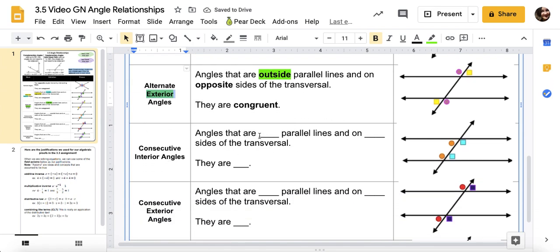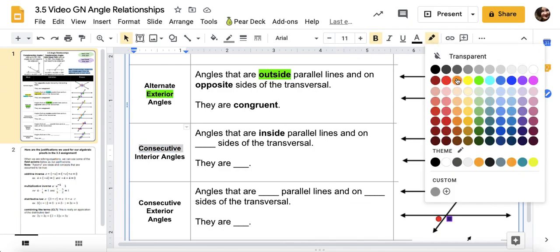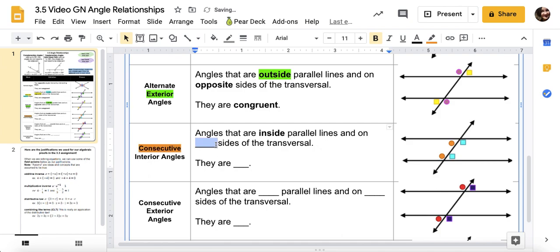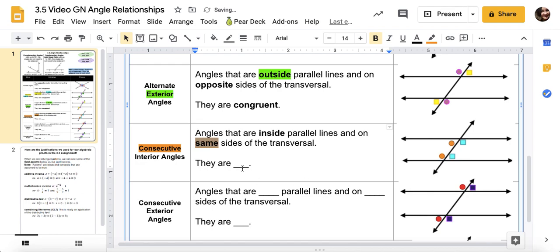Consecutive interior angles are interior, so they're inside the parallel lines, but now they're consecutive, not alternate, so they are on the same sides of the transversal. They're on the same side. These are actually going to be supplementary, which, remember, from the top of our notes means they add up to 180 degrees.